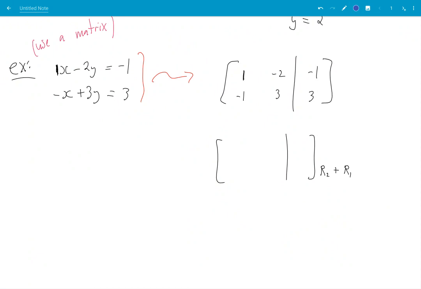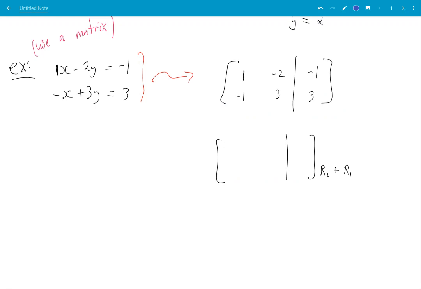So I'm taking this row and adding this row.